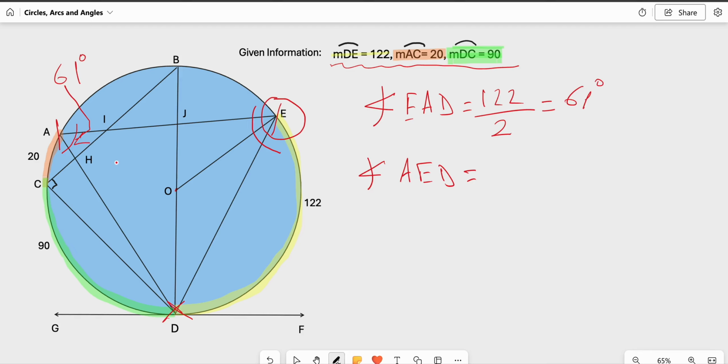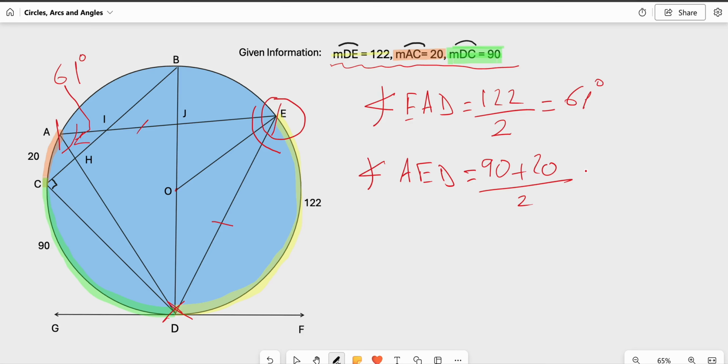How much is the total arc that is being intercepted by this angle? These two chords here, this one and this one, are intercepting the orange and the green arc, right? And we know that this angle that we're looking for is equal to half the measure of the arc, and the measure of the arc is 90 plus 20, right?